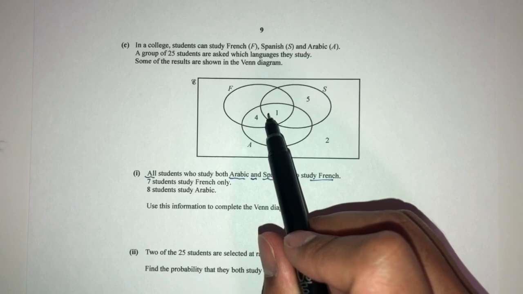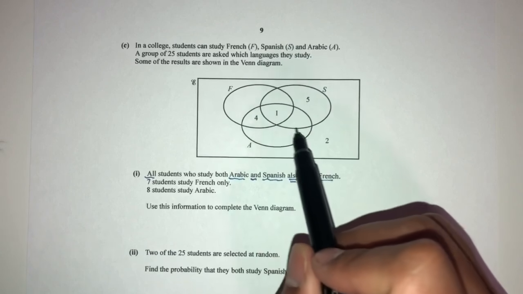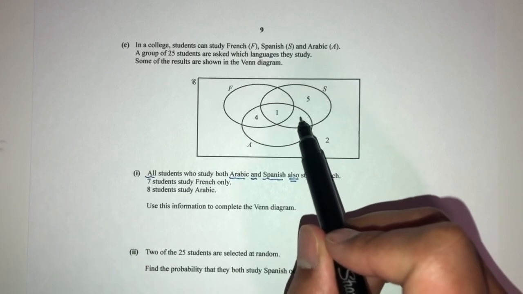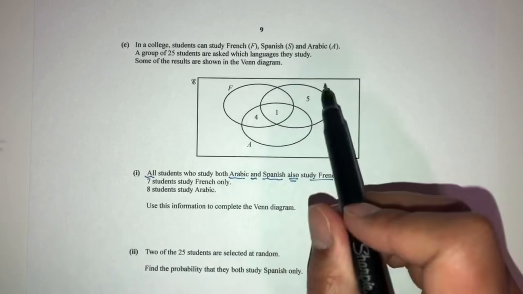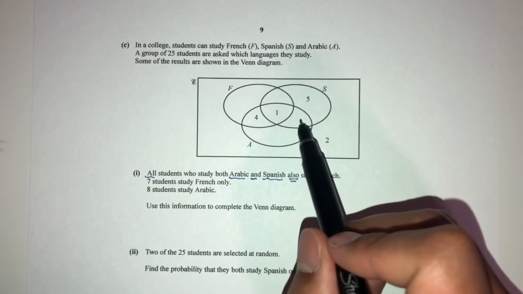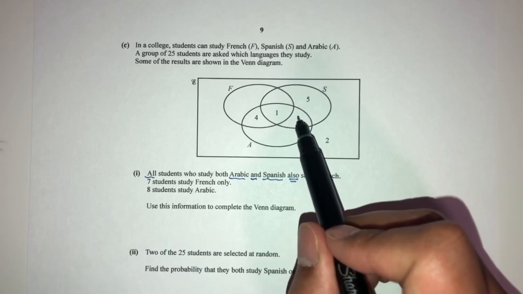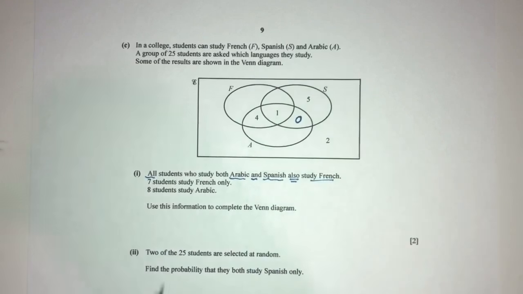So anyone in this set has to be right here, because we cannot have someone studying Arabic and Spanish but not French. It's not possible. So everyone who studies these two has to be here, so this will have to be 0 according to that information, right?